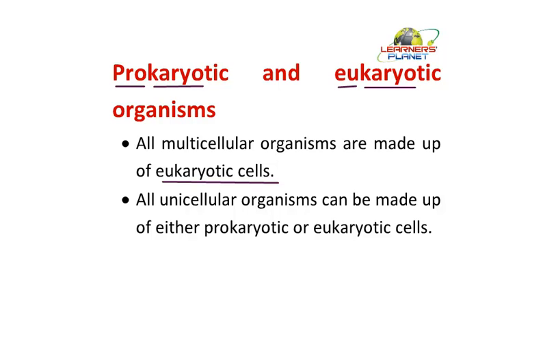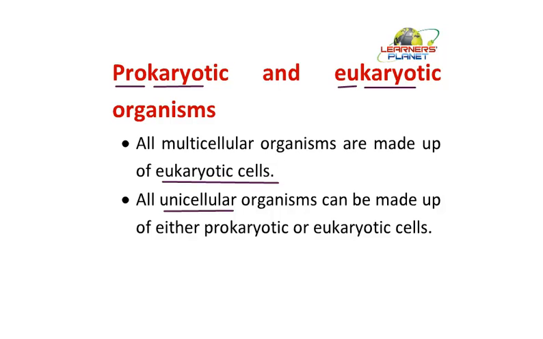You yourself are an example of a multicellular organism. We have already discussed in detail these multicellular organisms. So in short, all these multicellular organisms are comprised of eukaryotic cells exclusively. There is no multicellular organism which is going to have a prokaryotic type of cell.